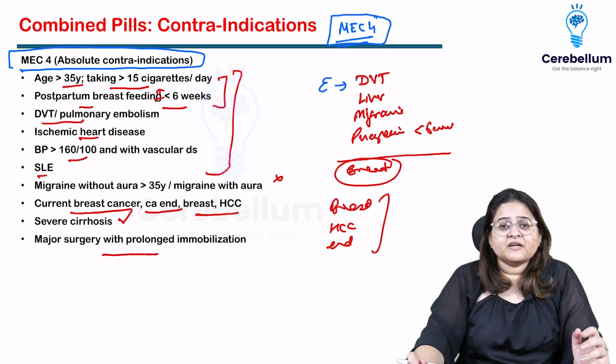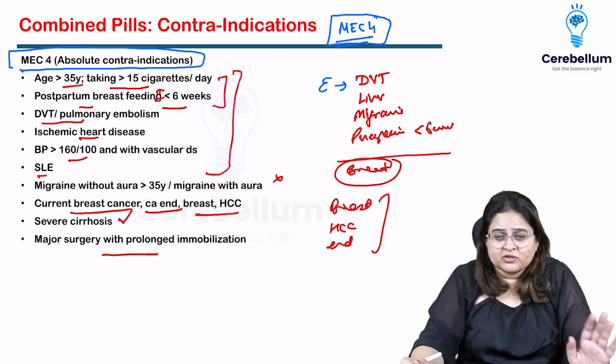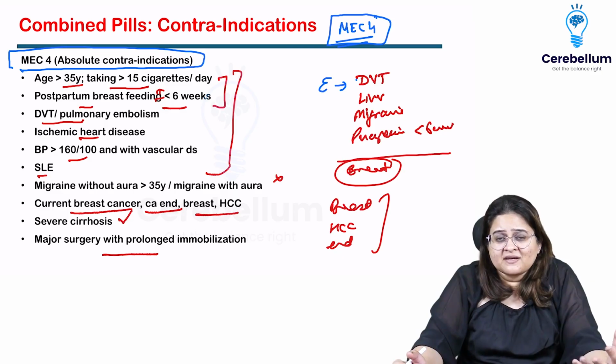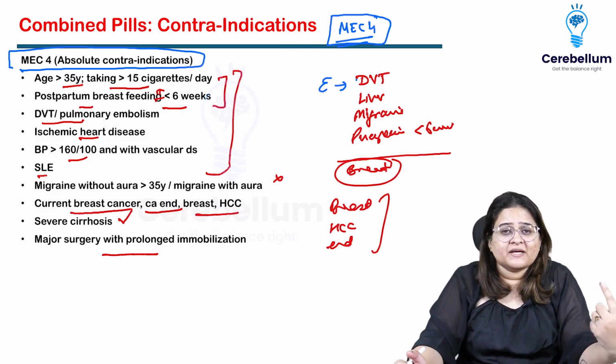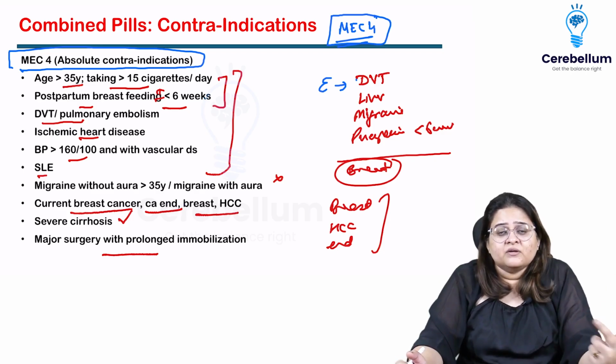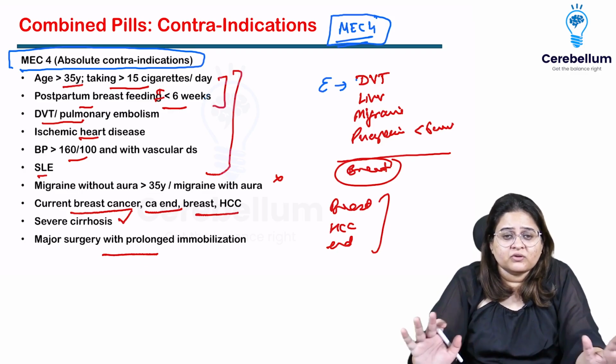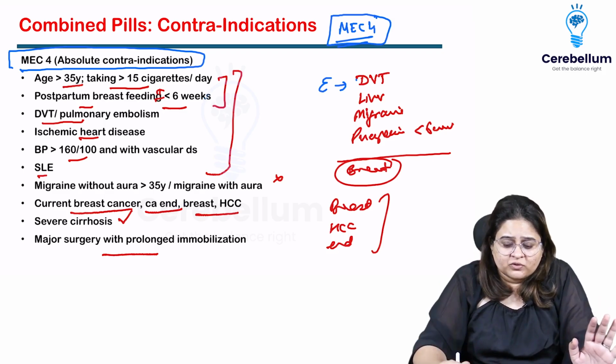Major surgery again increases the risk of DVT, so you're not giving. So even if you don't remember these by word, what is important to understand is anyone at risk of DVT, cancers, breast, endometrial, liver, cirrhosis is bad, migraines, and if she's in the immediate puerperium within 6 weeks, you're not going to give the combined oral contraceptive pill.